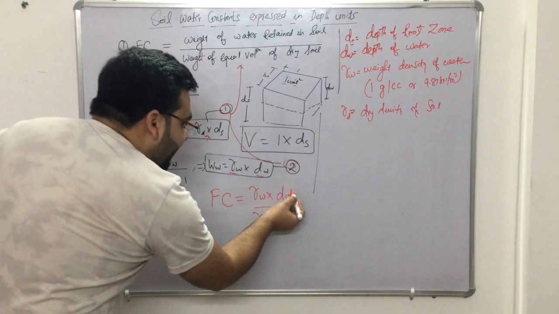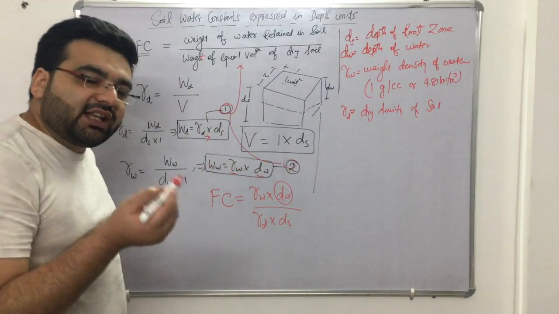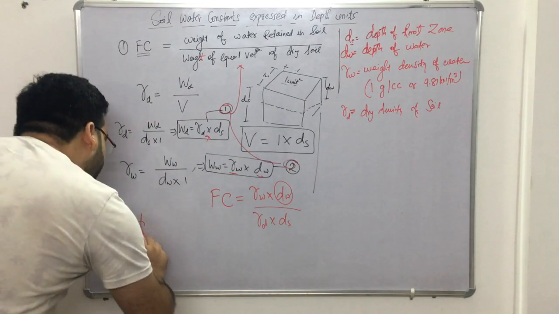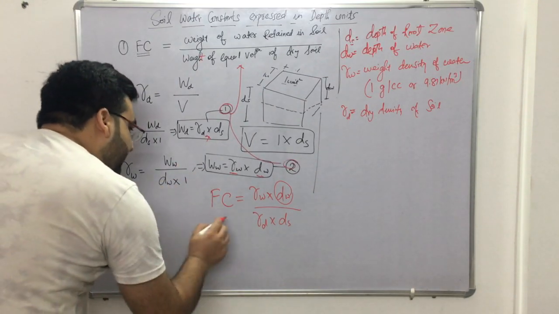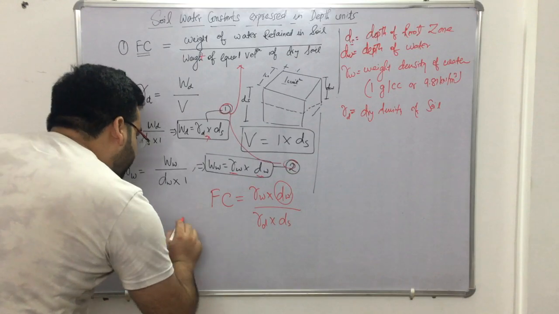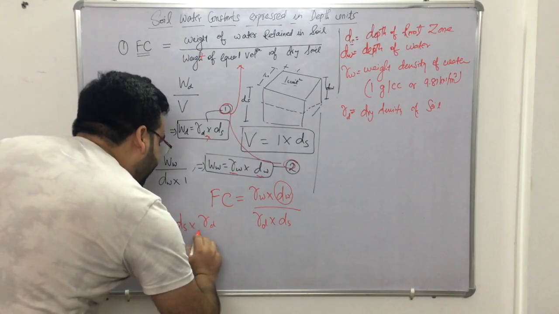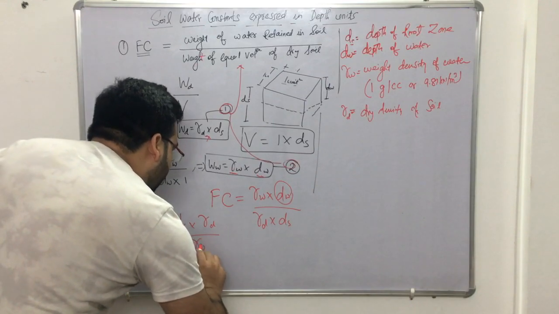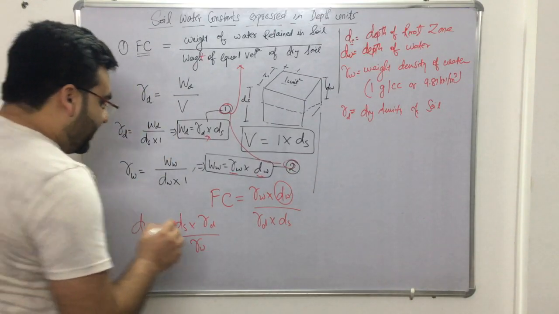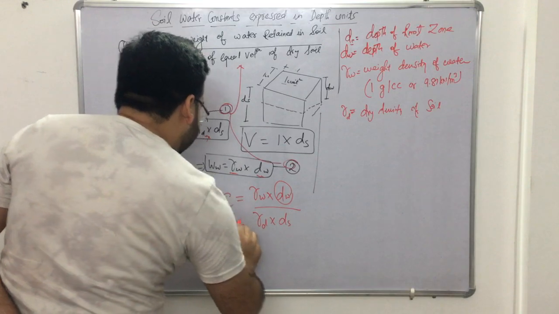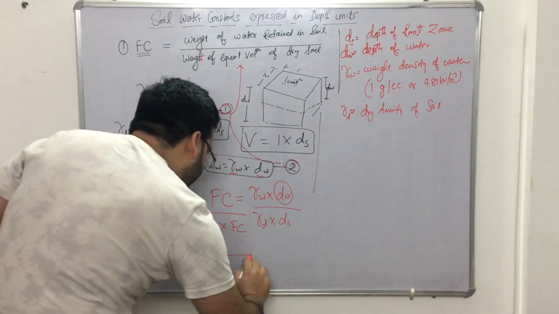So can I get the depth of water? The depth of water will be equal to ds into gamma d divided by gamma w, into the field capacity. This is a very important formula.